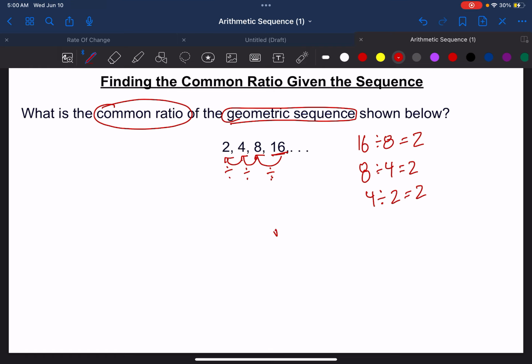So now we know for sure that the common ratio is 2. Just keep in mind, sometimes it's very obvious, right? 2 times 2 is 4, 4 times 2 is 8, 8 times 2 is 16. So that's an obvious common ratio, but sometimes the numbers will get bigger. So this little side work could also be helpful.